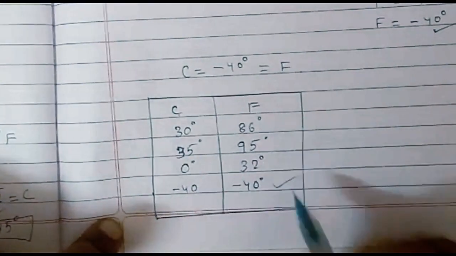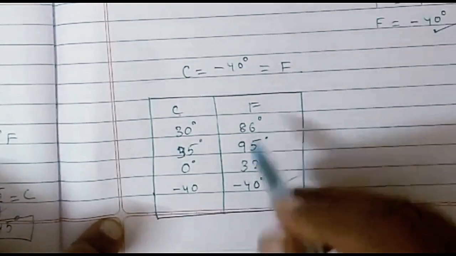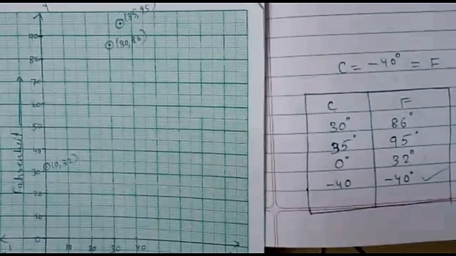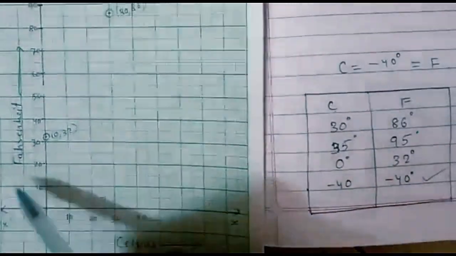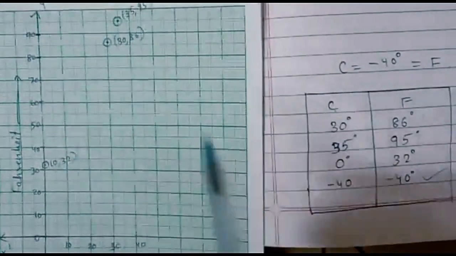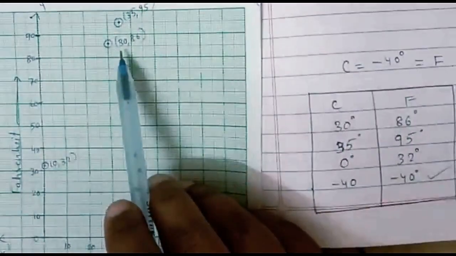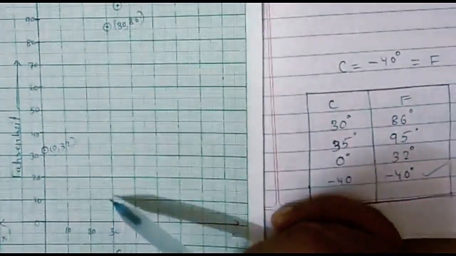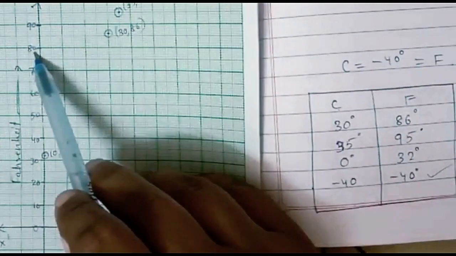It's not necessary to take minus 40; even if you are plotting the graph with these 3 points, that will be enough. So you can see I have drawn the x-axis as Celsius and the y-axis as Fahrenheit. I have taken a difference of 10 units each. Now these are the points 30 and 86. So this is your 30 on the x-axis. You can see 30 and 86 is the sixth line from 80, right?